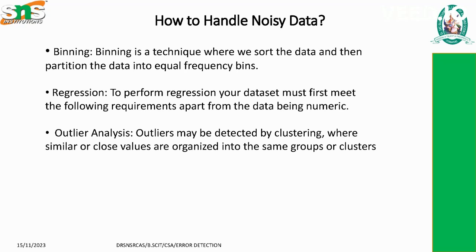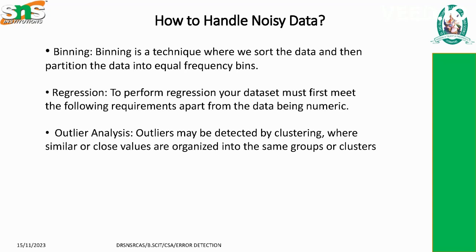Outlier analysis is also a method. Outliers may be detected by clustering, where similar or close values are organized into the same groups or clusters, by which we can remove the noisy data. There are a lot of algorithms nowadays used to remove noisy data, which we will see in the next session.